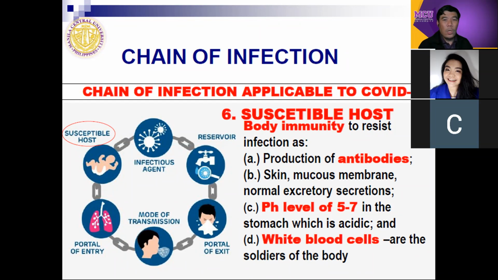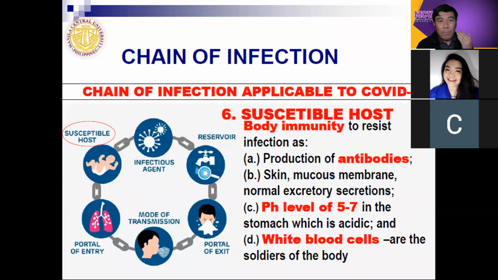So syempre you need to take into consideration na yung immunity matters before you have been considered a susceptible host. Yung production of antibodies or immunoglobulins, tapos yung mucous membrane, normal excretory secretions, if these are already present in the body, so the body has these antibodies. Remember po, yung pH level of 5 to 7 in the stomach, which is acidic, this will really prevent.